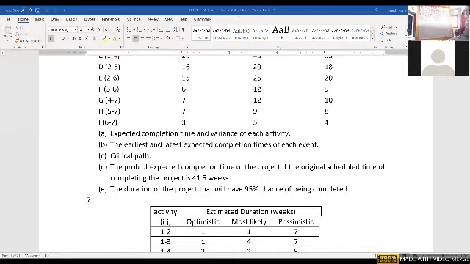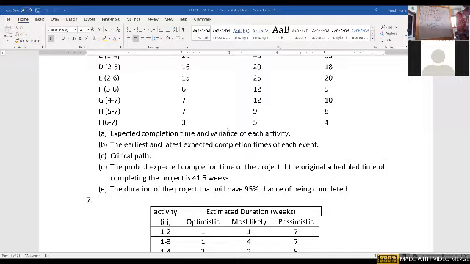What is given as per the question is that the project will have 95%. Now in E, they're asking us to find the duration. So what will be the duration if the probability is 95%, which is also nothing but 0.95.